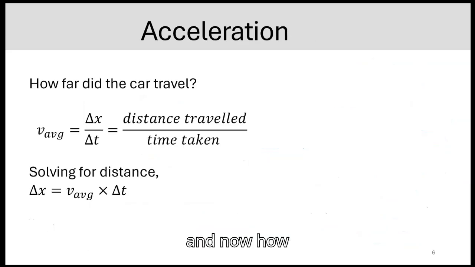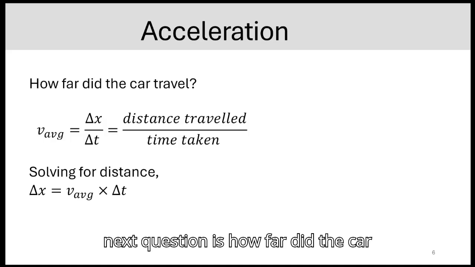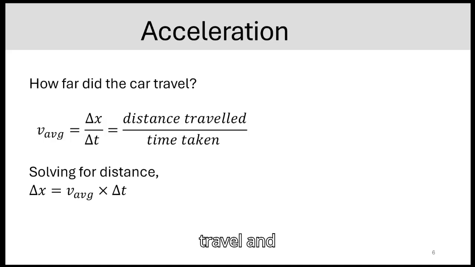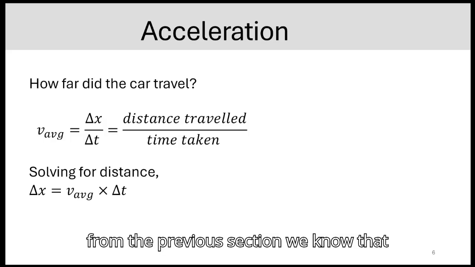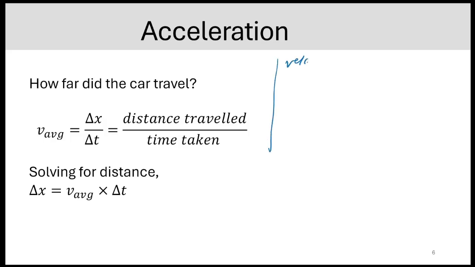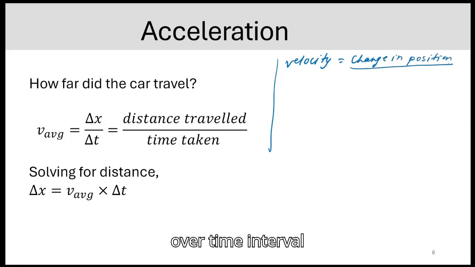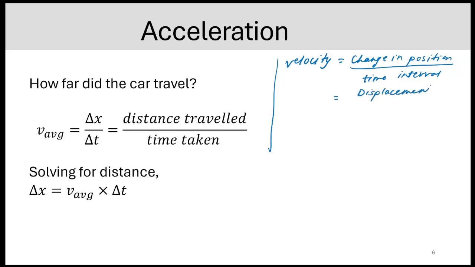And now the next question is how far did the car travel. And from the previous section we know that velocity is equals to change in position over time interval, or in other words, displacement over time.